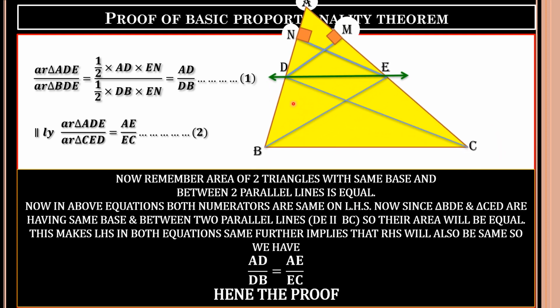in the above two equations, see, these two triangles BDE and CED are on the same base and between two parallel lines. This line is parallel to this. So their areas will be the same. In these two equations, the numerator is the same and the denominators, area of BDE and area of CED, are also the same.